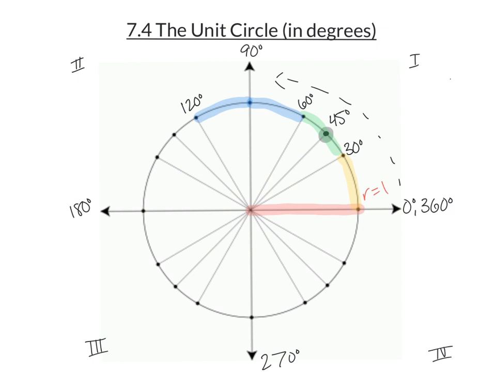So 120 plus another 15 would give me 135 degrees. And then plus another 15 would give me 150 degrees. And just make sure that from 150, this segment here, to 180, that is indeed 30 degrees like it should be. So we're doing good. We continue along the process.